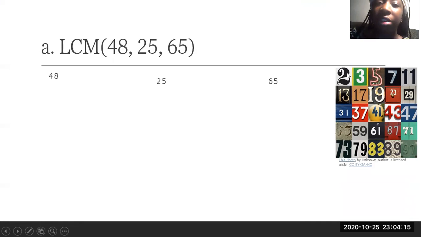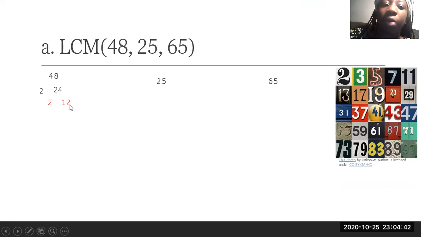Now, usually people would do a chart. I like to do the pyramid because with the pyramid you can actually see what's going on. So let's start with 48. 2 can go into 48. Yes, it can. It can actually go in there 24 times. But then we'll do another row. How many times can 2 go into 24? That'll be 12 times.